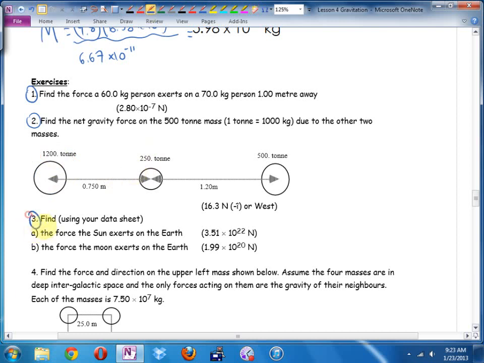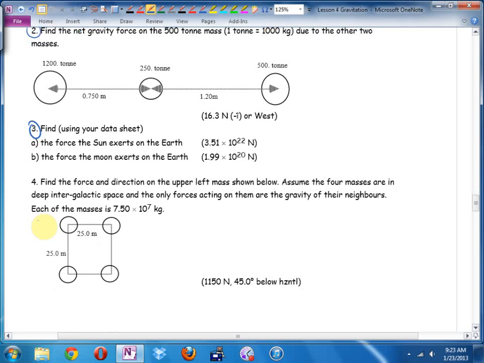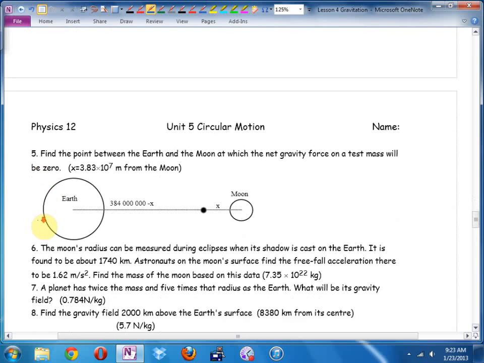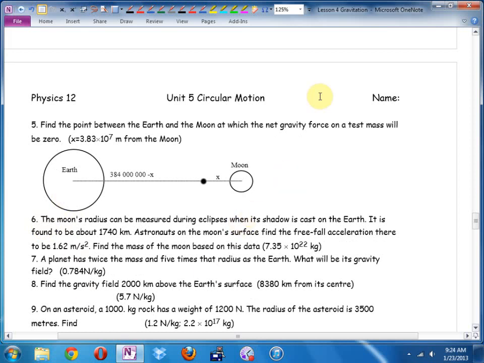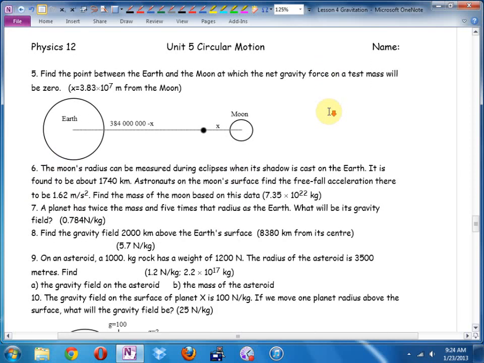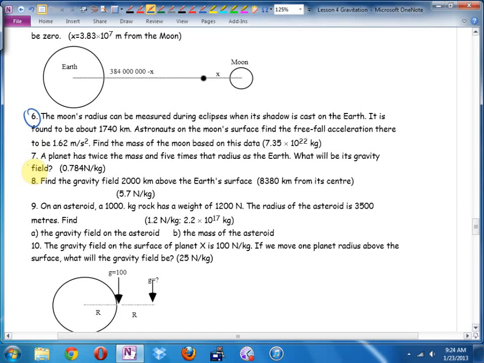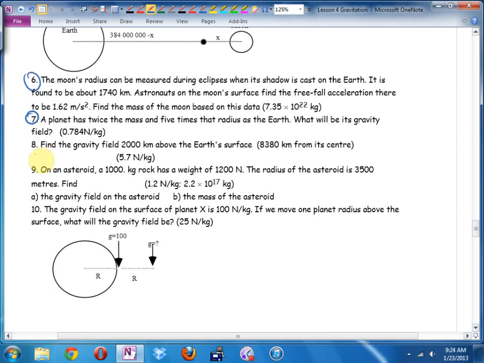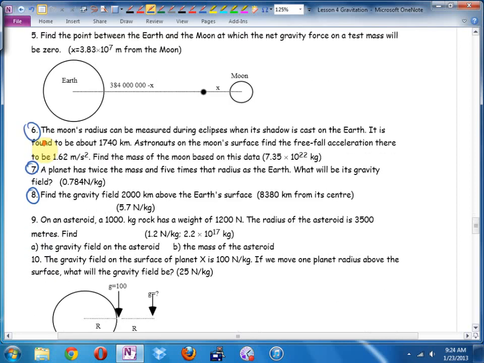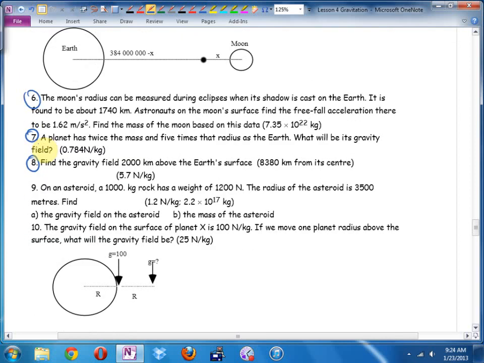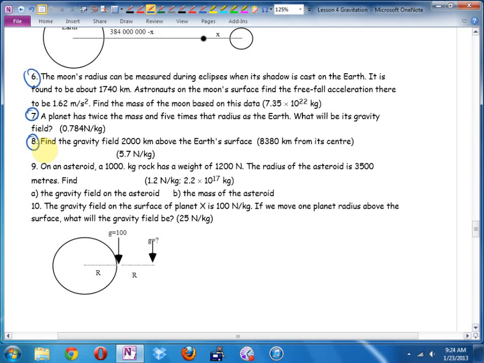Number 3. Skip 4. Skip 5. 6. 7. 8. I skipped 5. 9 is good.